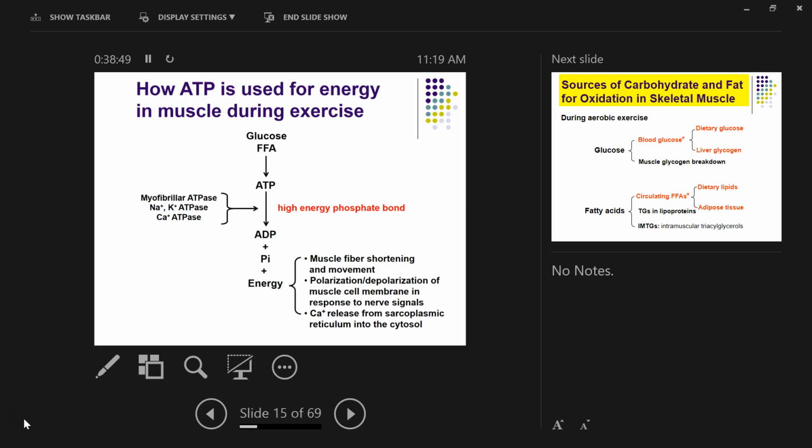Here I just give you some idea of how ATP is used for energy. Both glucose and fatty acids are oxidized to produce ATP, right?